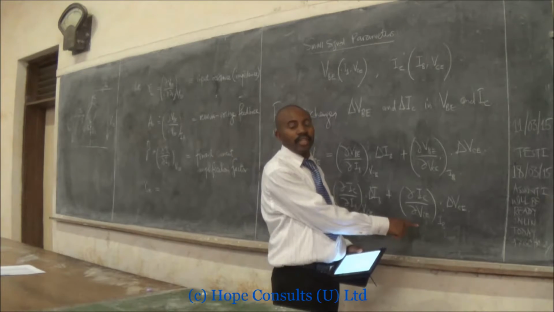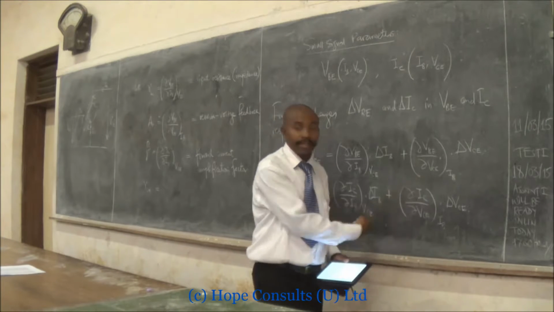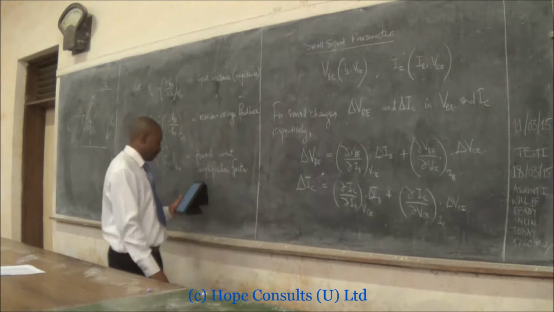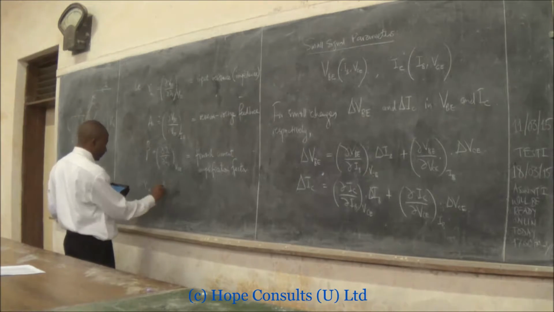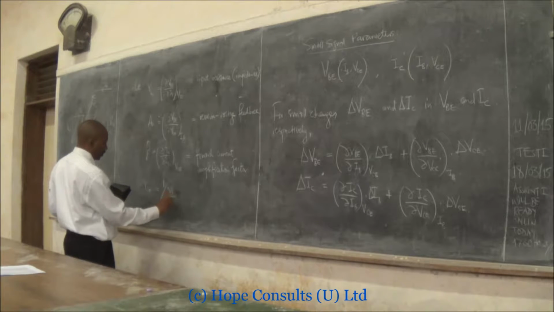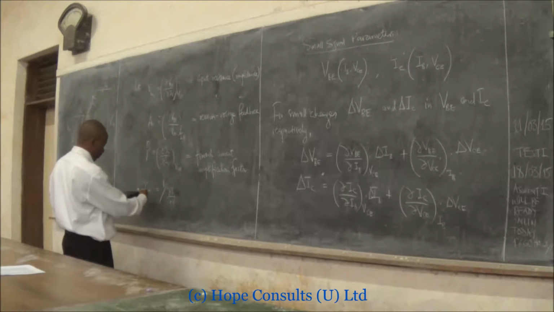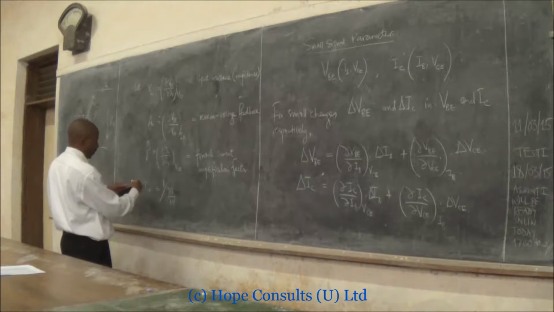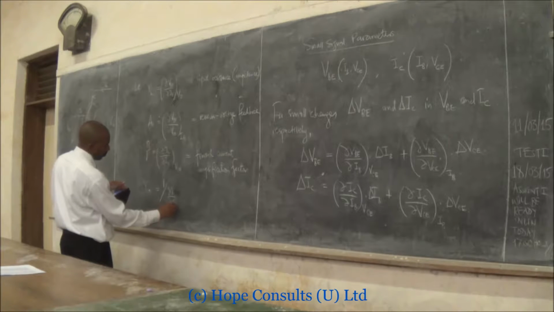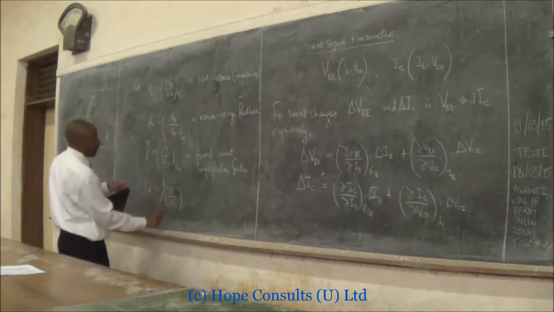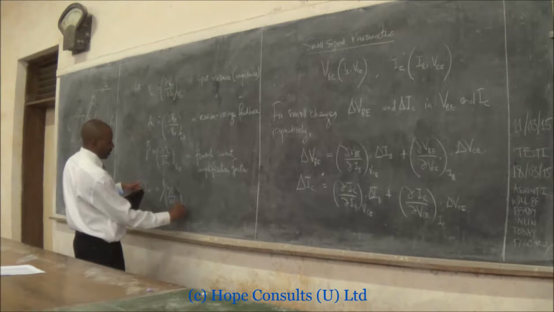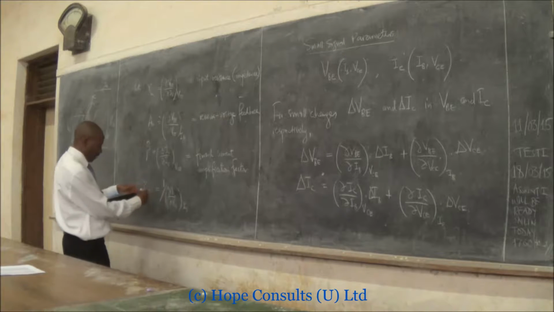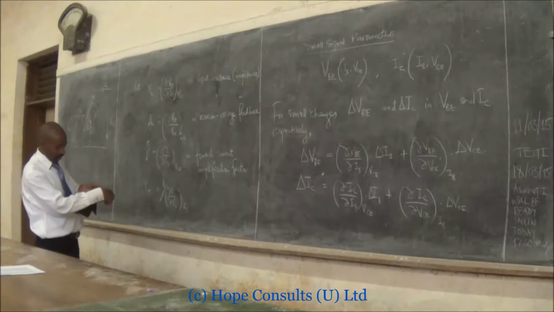So we shall have to say this is the same as 1 over ∂IC by ∂VCE over a constant IB, or over a given value of IB.